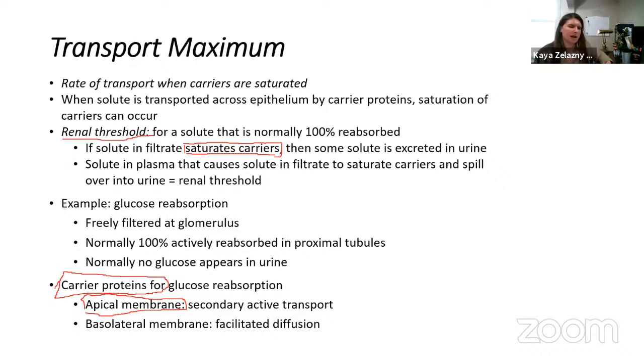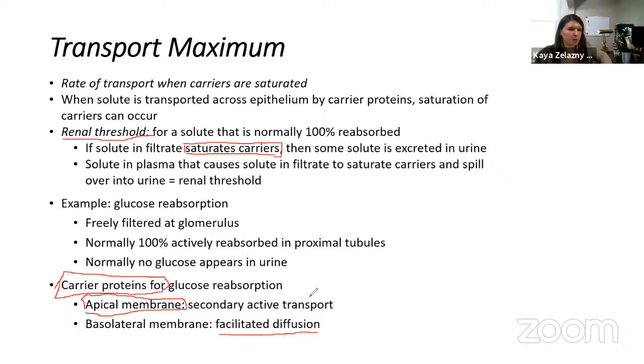We have secondary active transport going on. So we have a carrier protein that uses the sodium gradient, actually, to actively transport glucose into those epithelial cells. This has the effect of basically concentrating glucose in the epithelial cells, so then they can cross the basolateral membrane on the side facing the blood via facilitated diffusion, right?